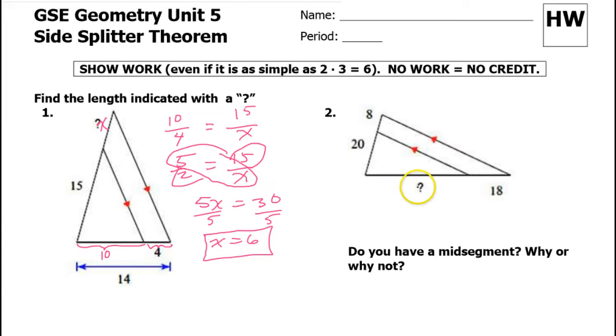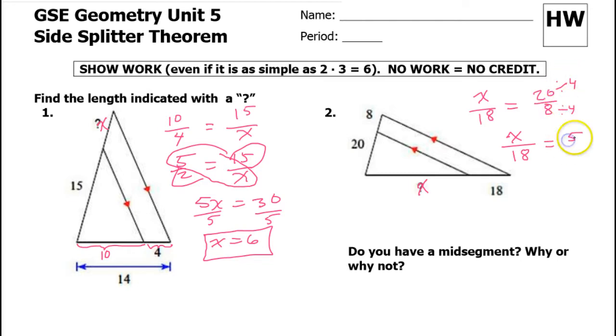Similarly, for problem number 2, I'm going to call this x instead of question mark. So I can do x over 18 is equal to 20 over 8. It's like part over part is equal to part over part. So I've got x over 18 is equal to, and both of these are divisible by 4.